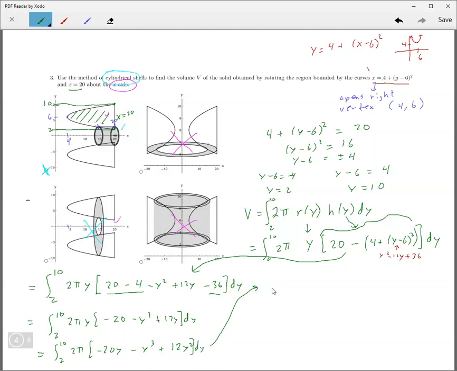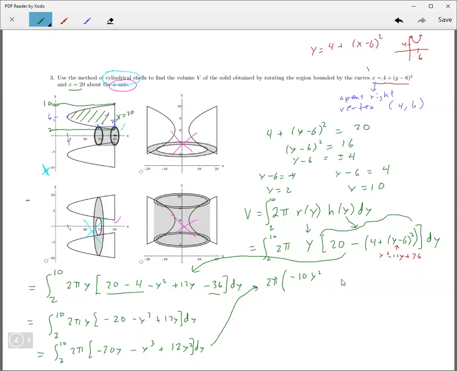Okay, now I'm going to integrate. Integrating negative 20y, we get negative 10y squared, because when you take the derivative here, you have a 2 coming down, so the derivative is negative 20y.